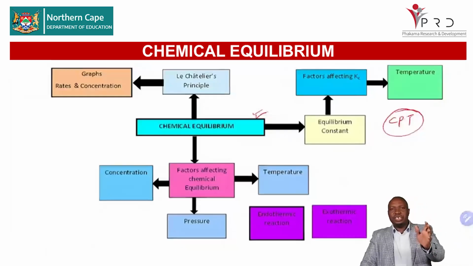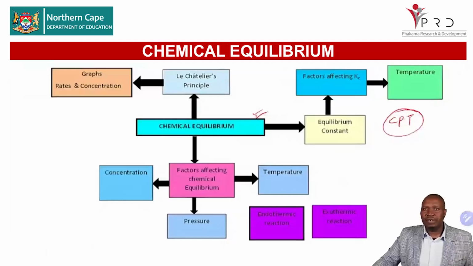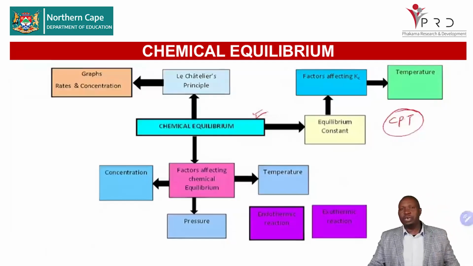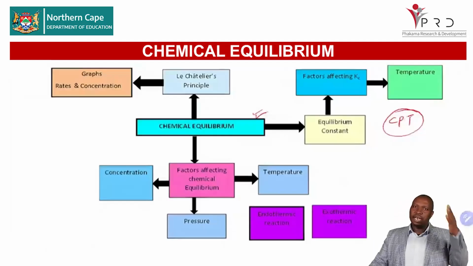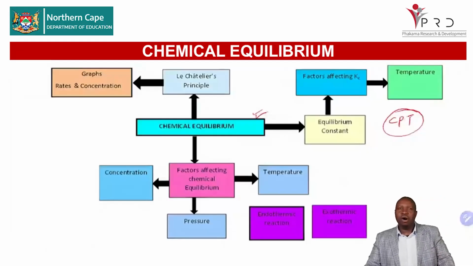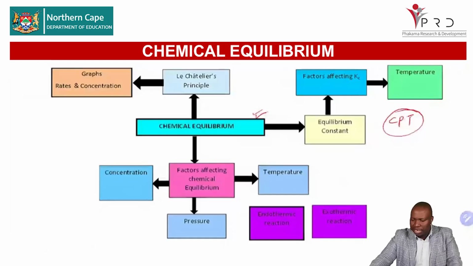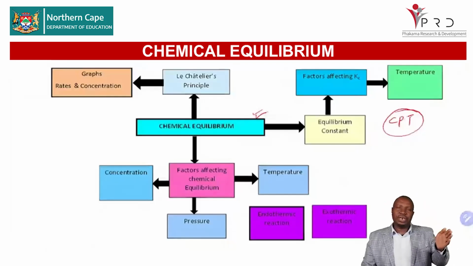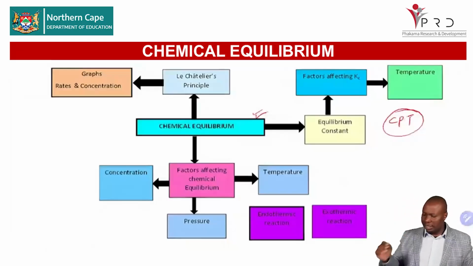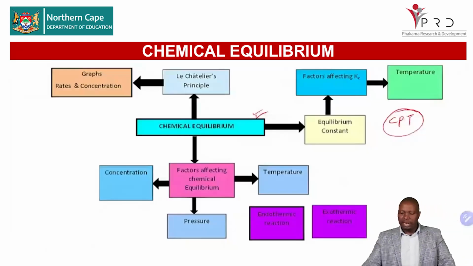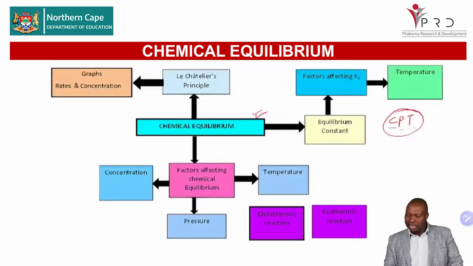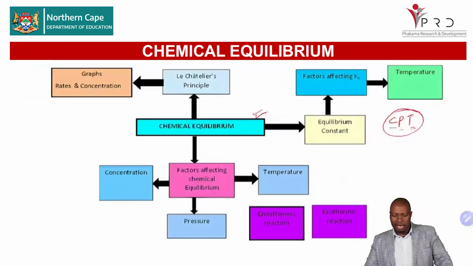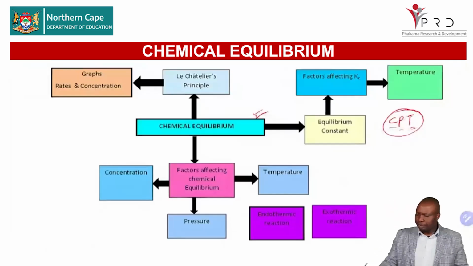Remember, rates of reactions are affected by about 6 factors. We said it's your temperature, your pressure, your concentration, your surface area, your nature of reactants, and the catalyst is number 6. So it's 6 factors for rates of reactions, it's 3 factors for chemical equilibrium, and then understand how these factors affect chemical equilibrium.